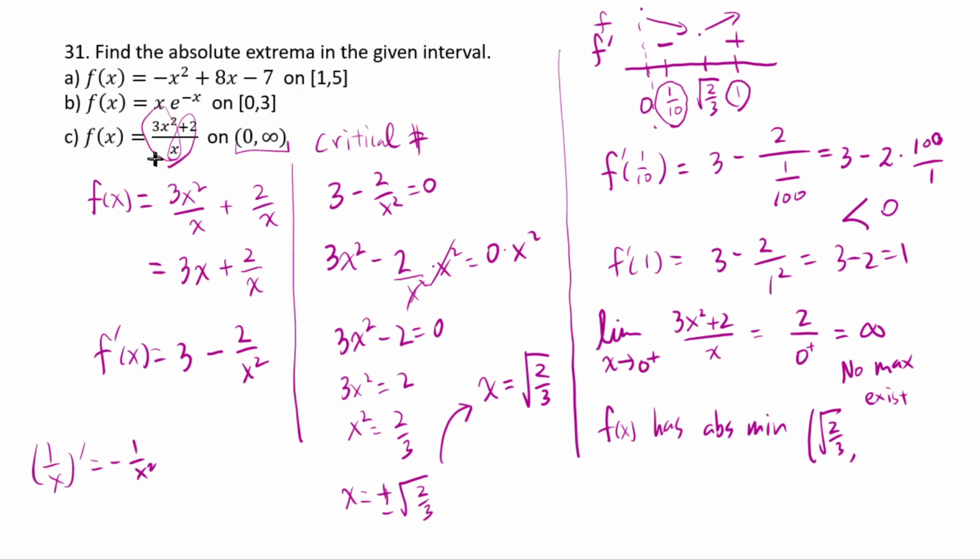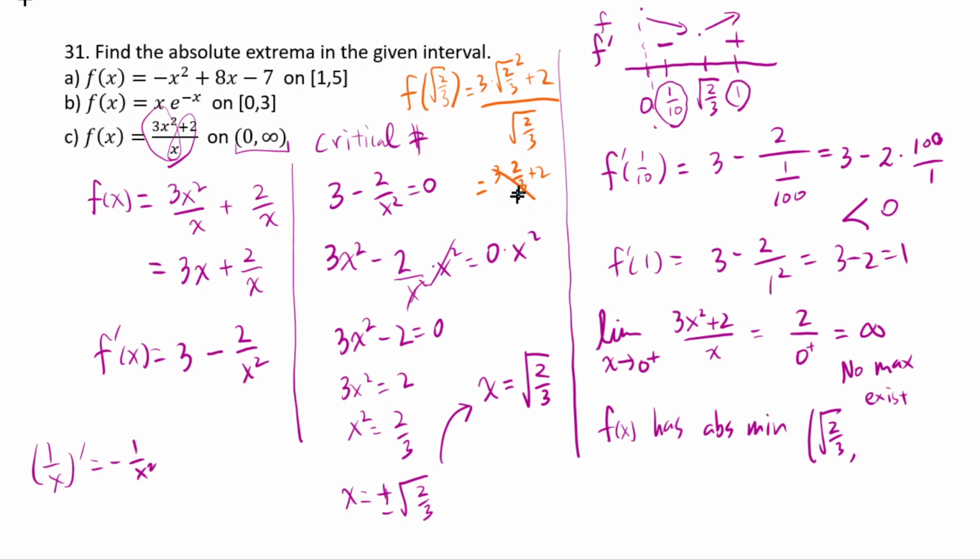Let's see, f of, let me choose a different color so it doesn't get confusing. Okay, so f of square root of 2 over 3 is 3 times square root of 2 over 3 squared plus 2 over square root of 2 over 3. And then this would be 3 times 2 over 3 because square root and square cancel each other.